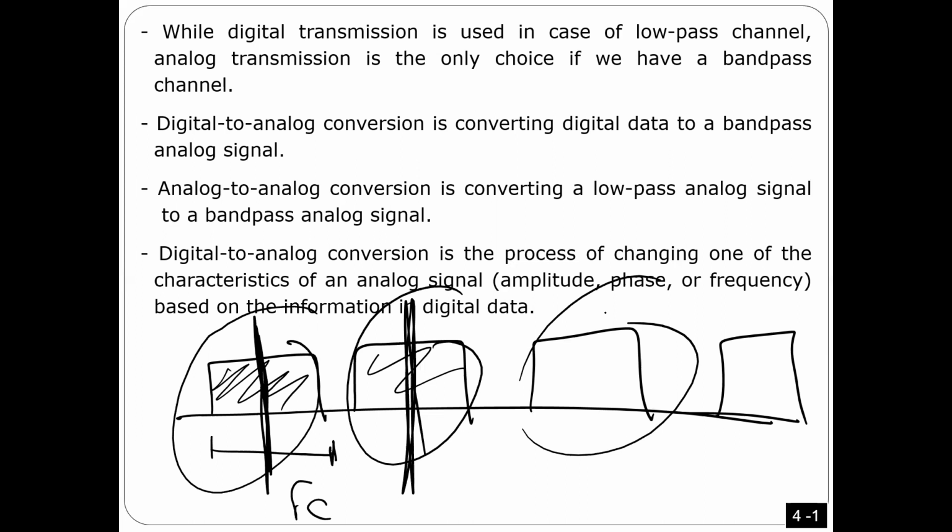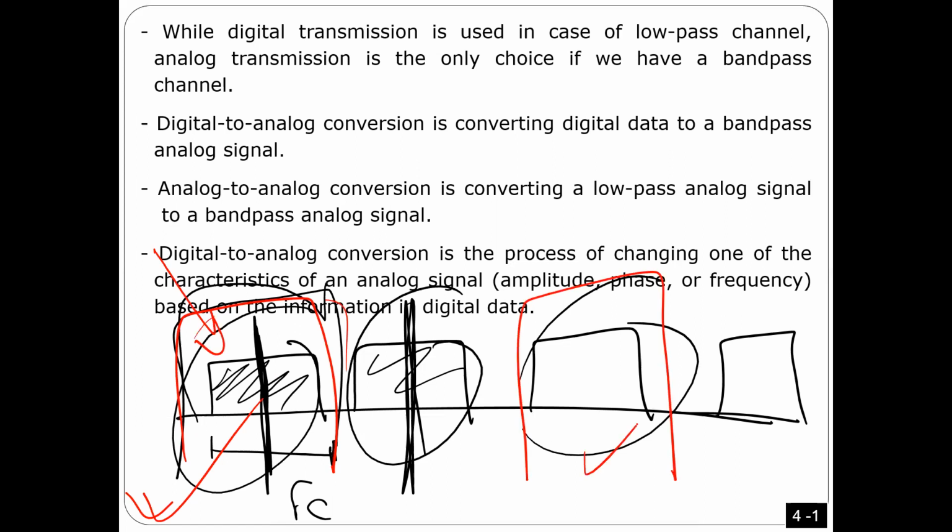But at the receiver, how can the receiver separate them? Usually filters, right? I don't know, in electronics you took filters. At the receiver, if I make a filter here, I'm going to receive this signal from this person, because we have multiple transmissions right now: one transmission, one transmission, one transmission, and so on. If I want to receive this transmission, I'm going to make the filter here. If I make the filter here, I'm going to receive this one, and so on.